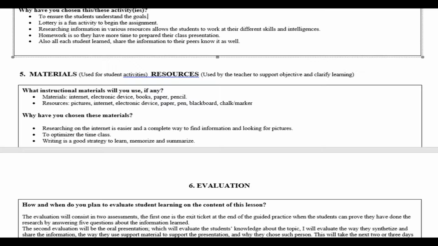Why have I chosen these materials? Because researching on the internet is an easier and complete way to find information and pictures, and to optimize class time. And I think taking notes and summarizing is a good strategy to learn, memorize, and learn more.